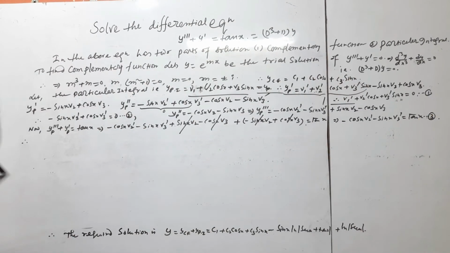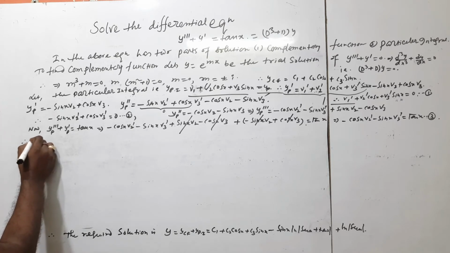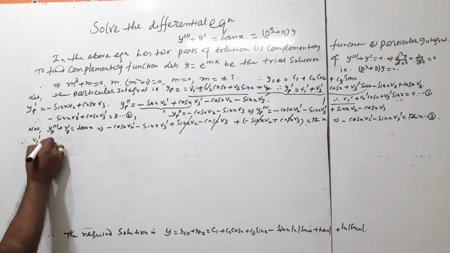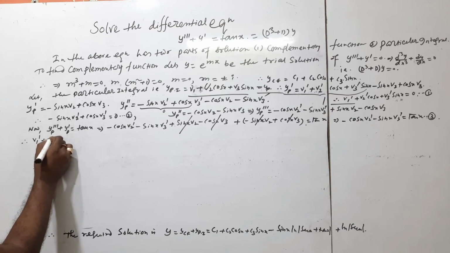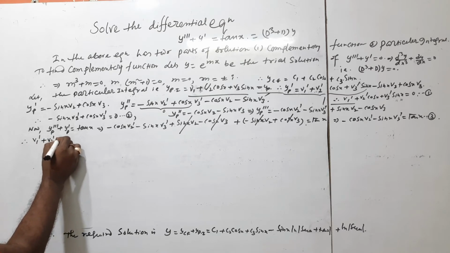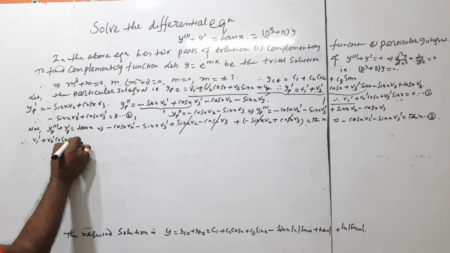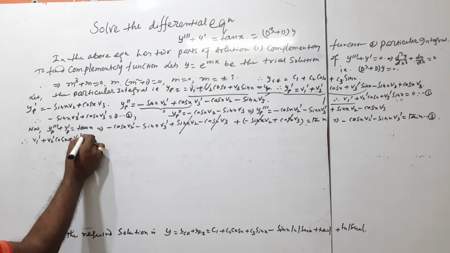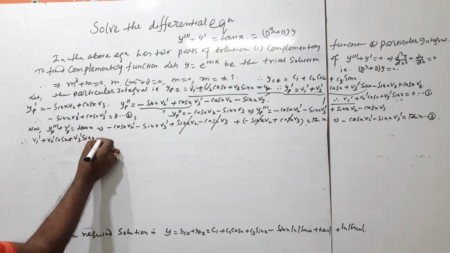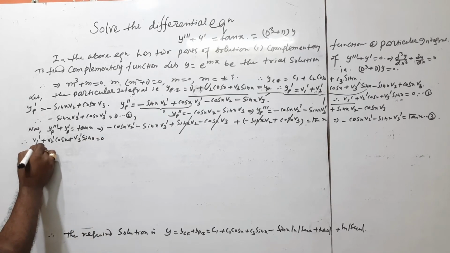Now solving these 3 equations by the method of Cramer's rule. The number 1 is v1 dash plus v2 dash into cos x plus v3 dash into sin x equal to 0.